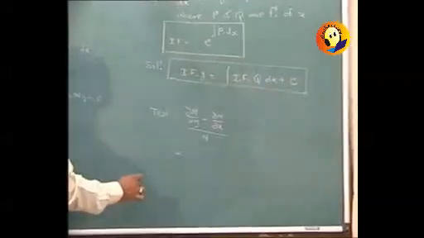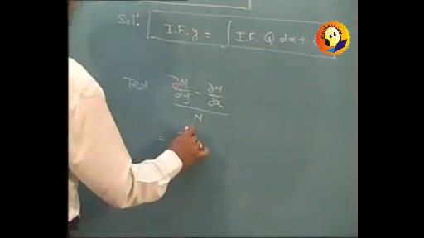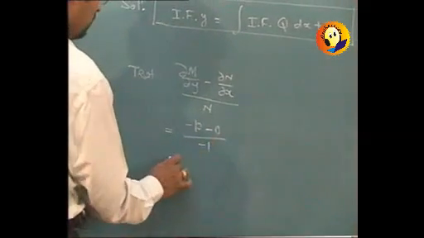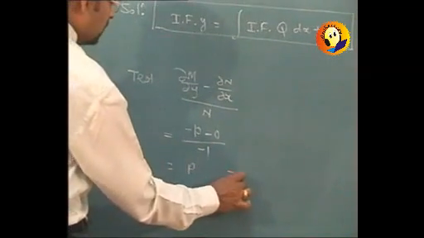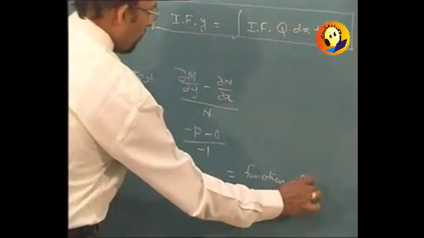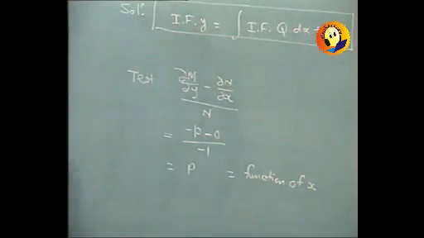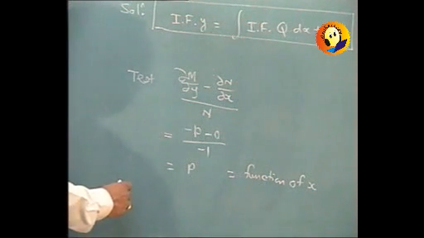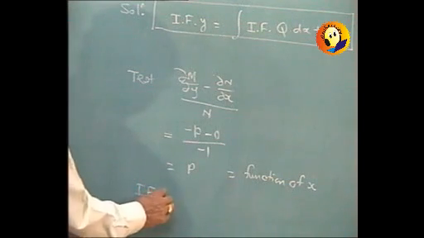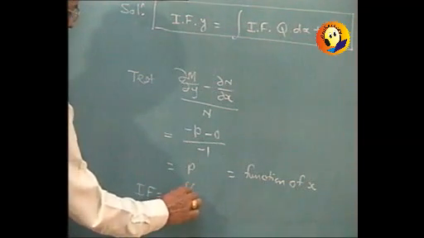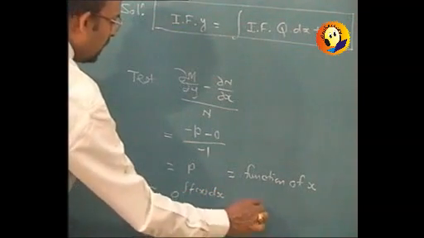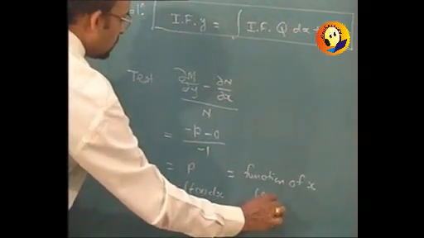It comes out to be minus p minus 0 upon minus 1, which is equal to p, which is nothing but function of x. And over there we have said, with reference to reducible to exact, integrating factor will be e raised to integral f x dx, and so in this case it comes out to be e raised to integral p dx.